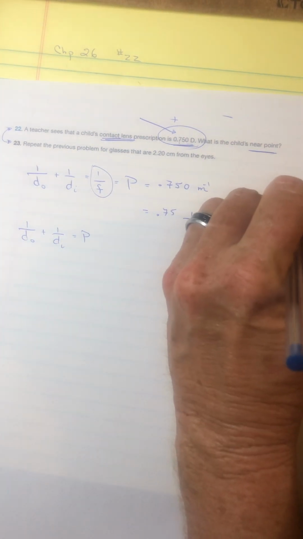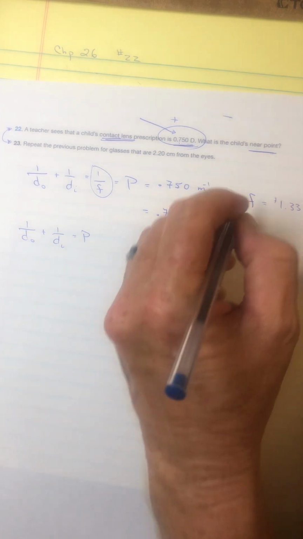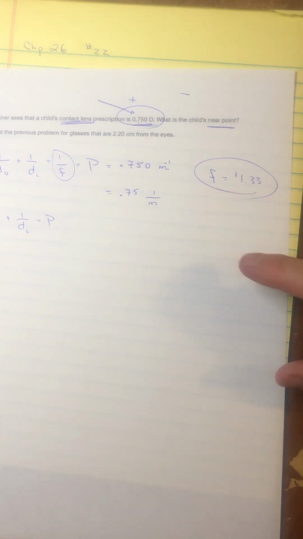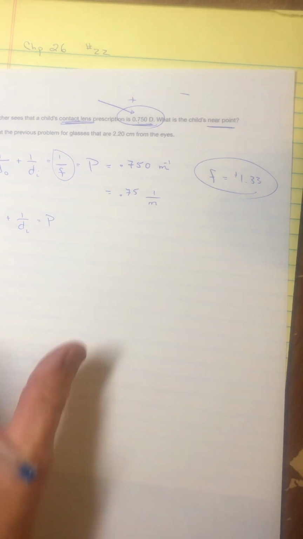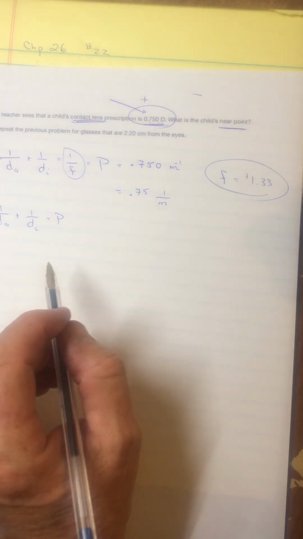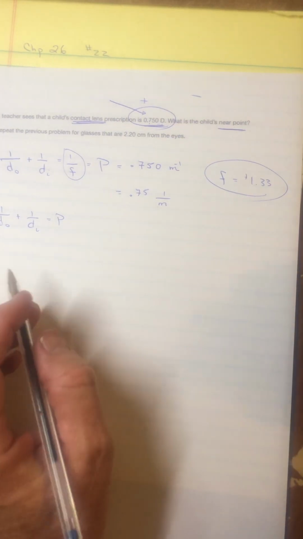So 1.33333, and notice it's a plus. And so again, this is the focal length. And again, notice this focal length is positive, meaning it's a converging lens, or a convex lens.